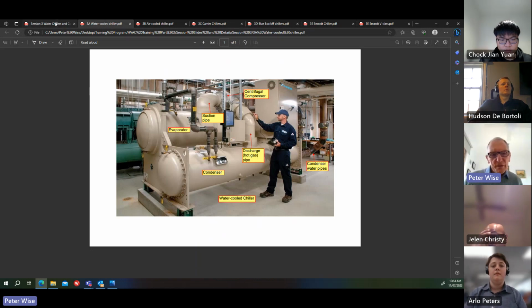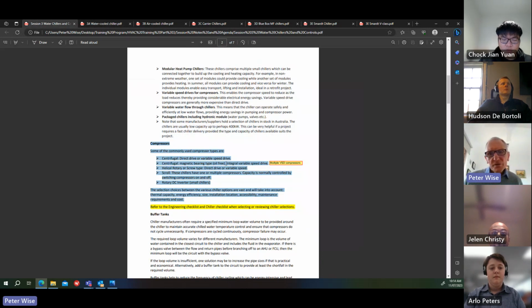It's worth having a read on magnetic bearing chillers, because these are the most energy efficient chillers available on the market. And the combinations that they use on the chillers can provide really good energy efficiency. They have an integral variable speed drive, and as I mentioned, well, I'll show you a slide of these.